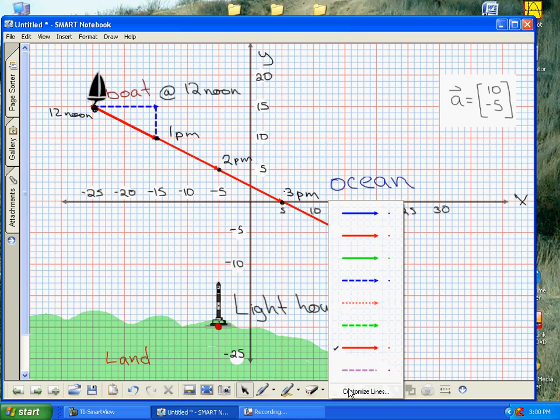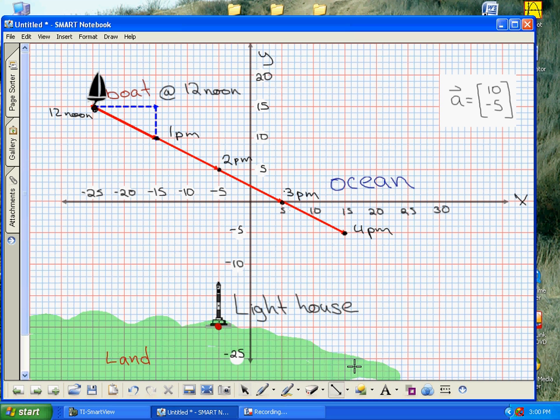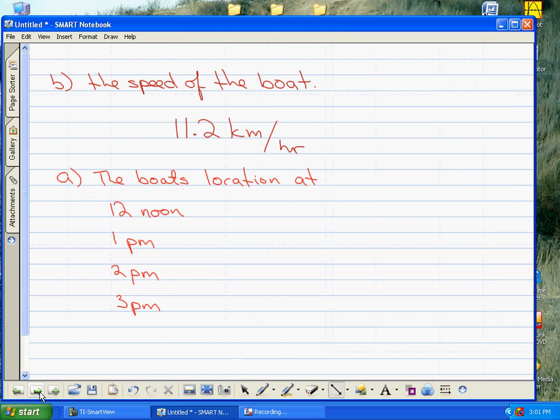So I'm going to draw some lines here to let us know our x coordinate is right here. Our y coordinate is right here. So at 12 noon, you see we are at negative 25, 15.